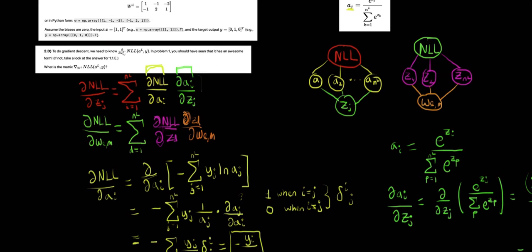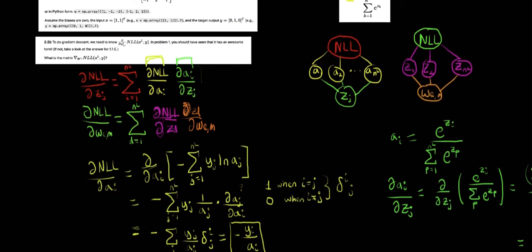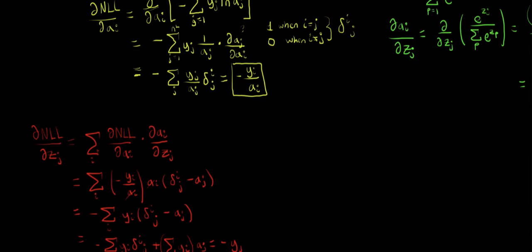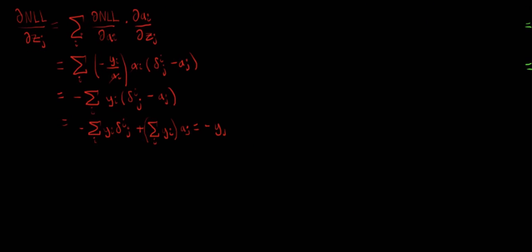And this is generically true for any one-hot vector. So we know that the sum of all the components of y is just 1. So we can ignore this term. This is just 1. So this is yj plus aj. Or in other words, this whole thing is just equal to aj minus yj.